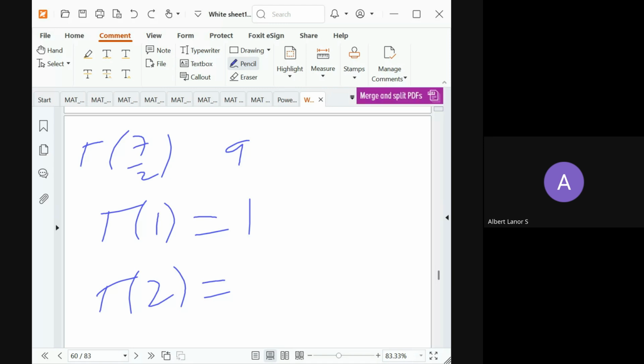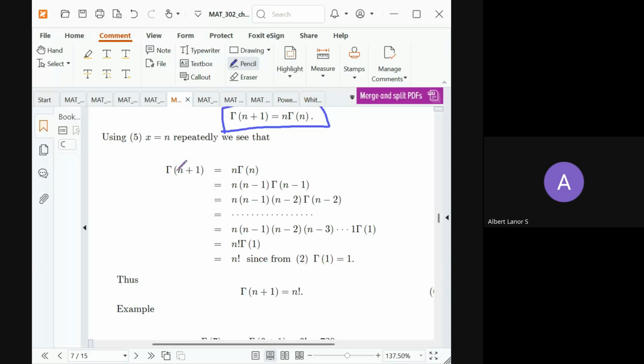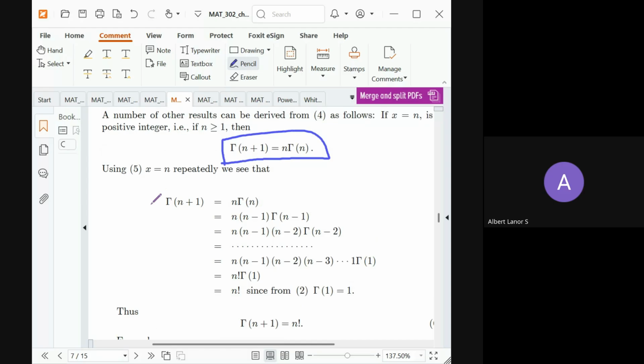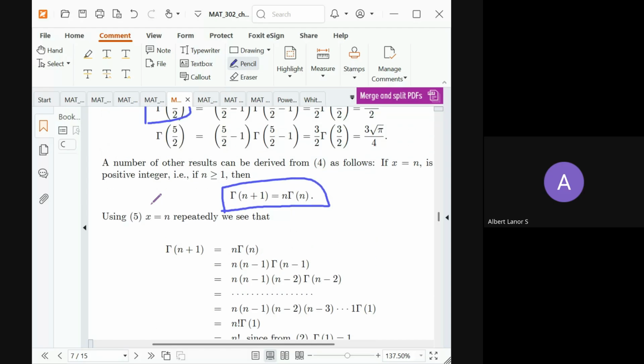From chapter 5, in general, we have gamma of the next value is n times the gamma of the previous one.